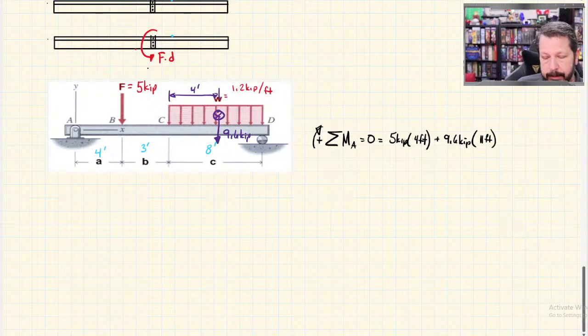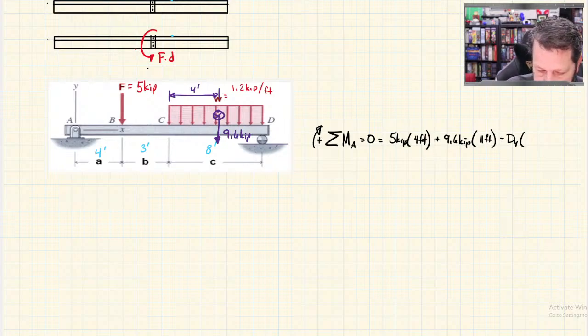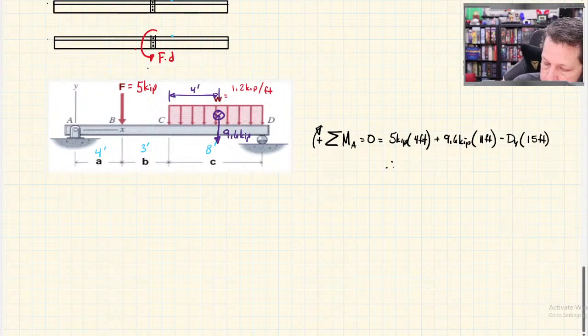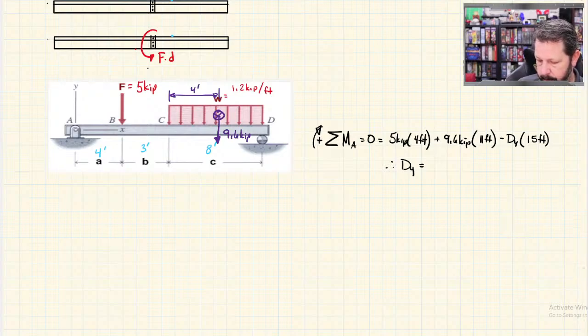And then I've got DY, which I'm assuming is pointing upwards, so minus DY times its moment arm of 8 plus 4 plus 3, which is 15 feet. The only unknown in that equation is DY, so DY equals 5 times 4 plus 9.6 times 11, divided by 15.